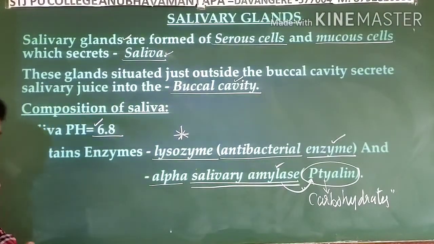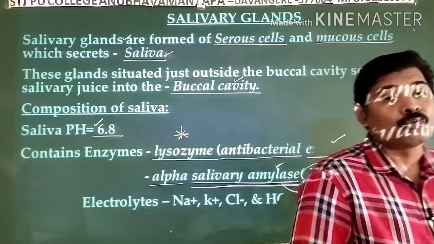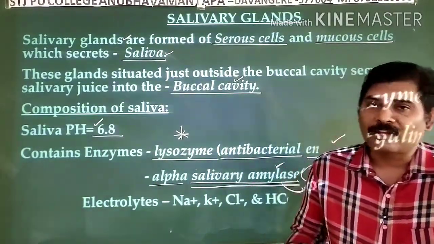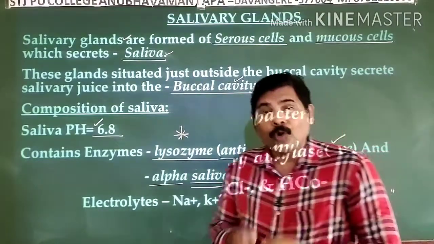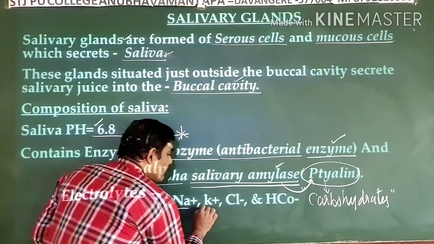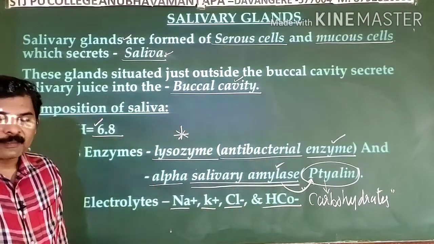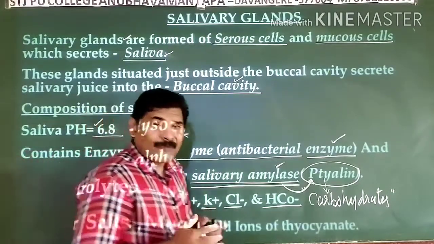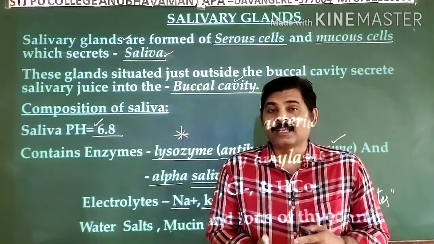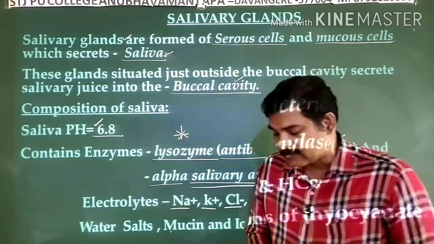Along with that, it has certain kinds of electrolytes also. These electrolytes include sodium, chlorine, potassium and bicarbonates. These are the four important types of electrolytes that you can see. Along with that, the saliva consists of a large amount of water. Along with that, you can see mucus and certain kinds of salts also present within it.